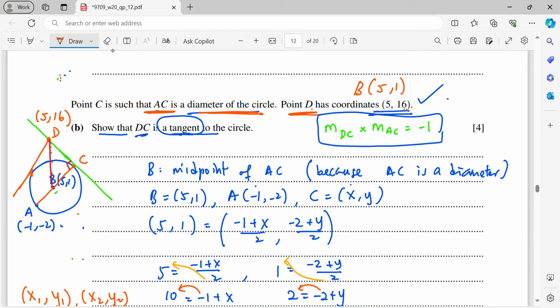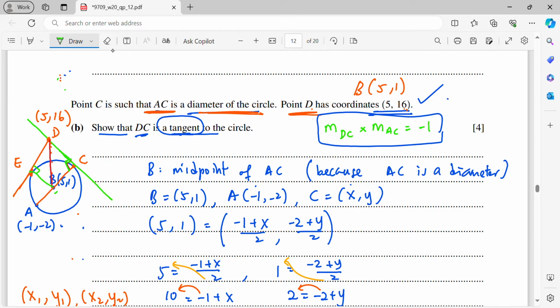Let's say this is the E. Now for information, here is 90 degrees because it's tangent, both are 90 degrees. So from here you can just check.